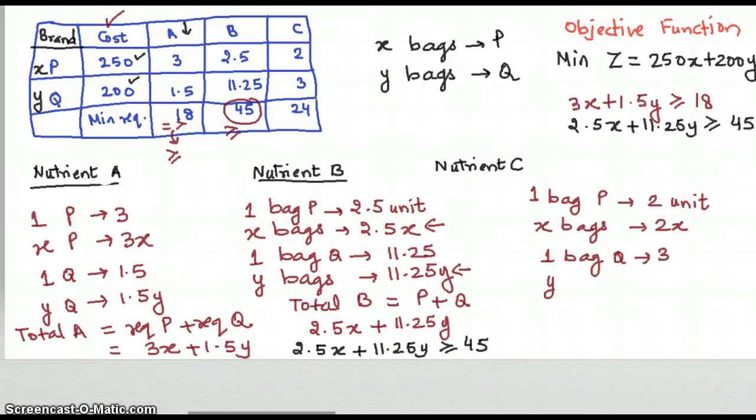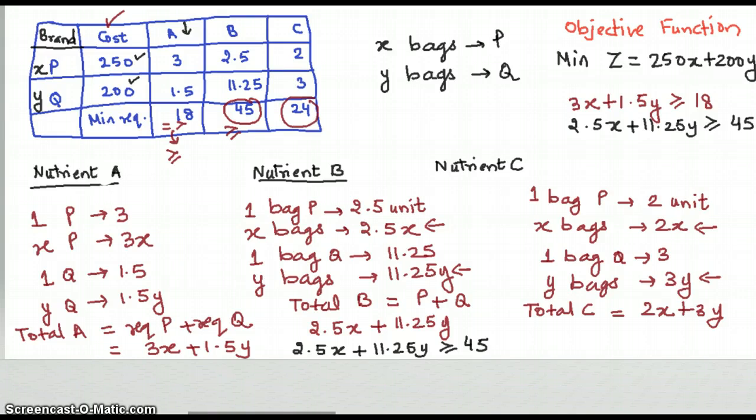Y. So Y bags require 3Y. So what will be the total requirement for C? It comes from P, which is 2X, and from Q, which is 3Y. Again, what is the minimum requirement? 24. So it should be 2X plus 3Y greater than or equal to 24. So we'll write the constraint over here: 2X plus 3Y greater than or equal to 24.